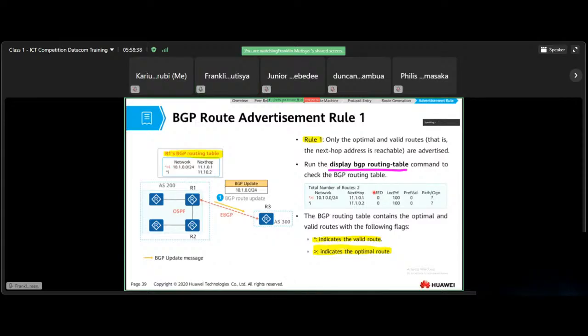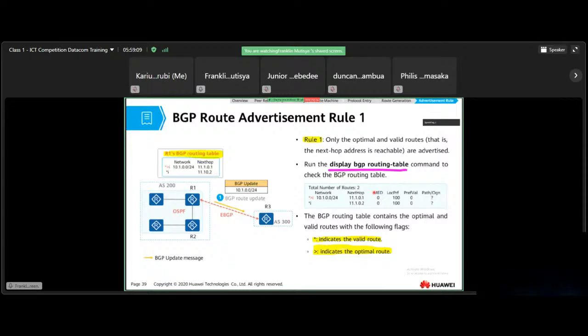A BGP routing table usually contains both optimal and valid routes with the following tags. If you see the asterisk, it indicates that it's a valid route. If you see the greater than sign, then this indicates it's an optimal route.